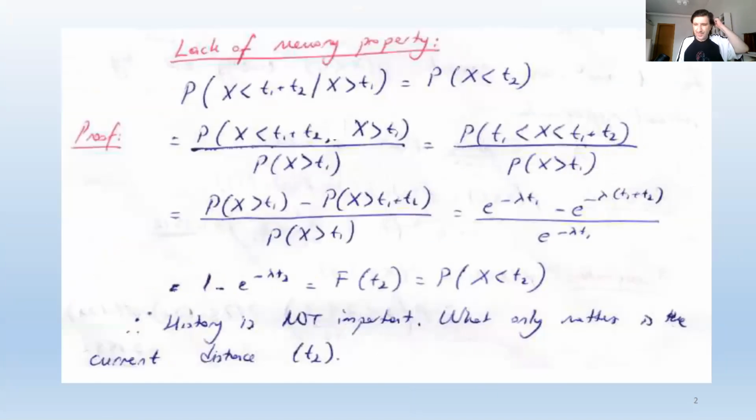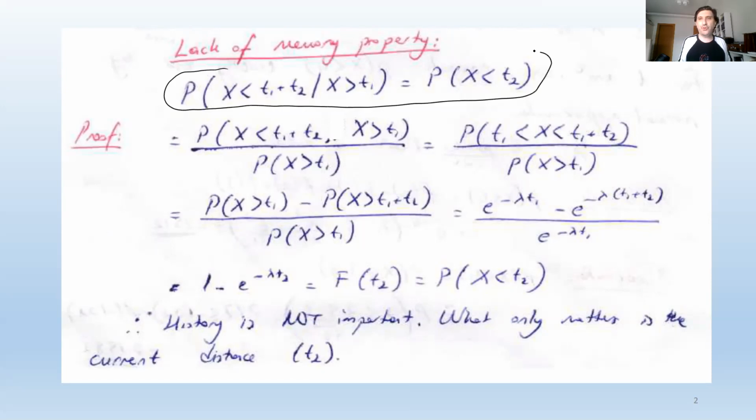So just like the geometric distribution, the exponential distribution also has the lack of memory property. Actually, for those who have watched the bonus video, I prepared a bonus video related to this part. For those who have watched it, it's going to be easier to follow here. So the lack of memory property in mathematical terms is this: x, the distance between two events, is greater than some t1 value.